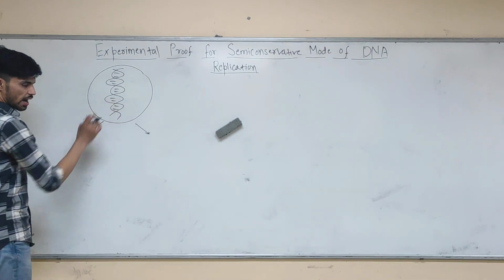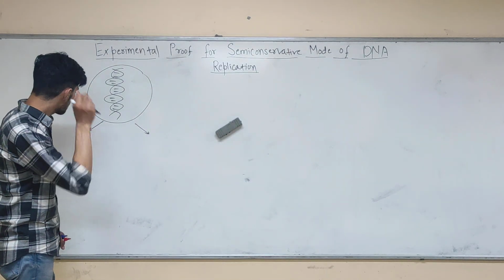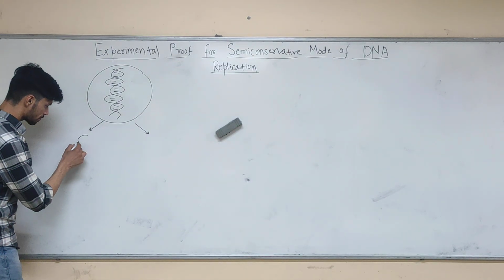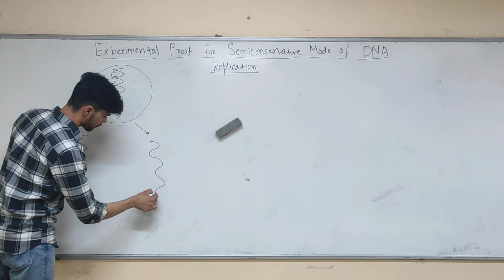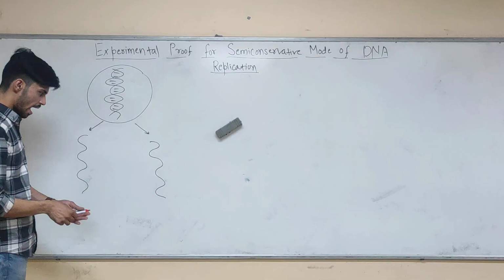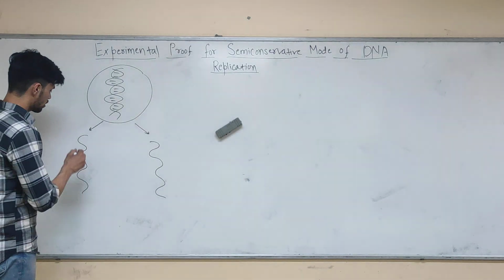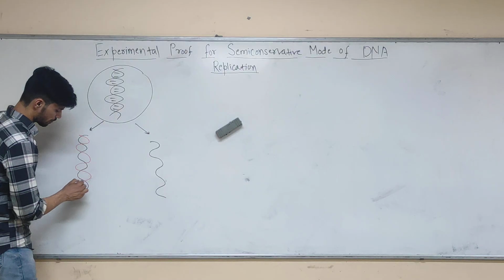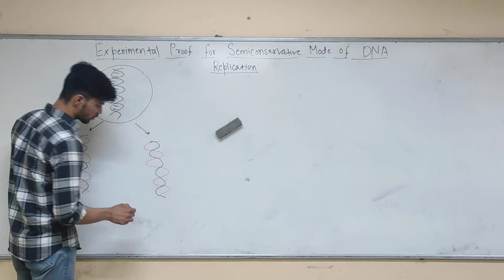The two strands which we see will separate, like this is one strand and this is the second one. Then complementary to this strand a new strand will form. Here also the same happens, and this kind of strand is formed.